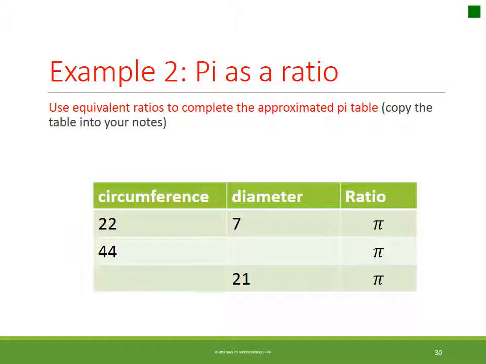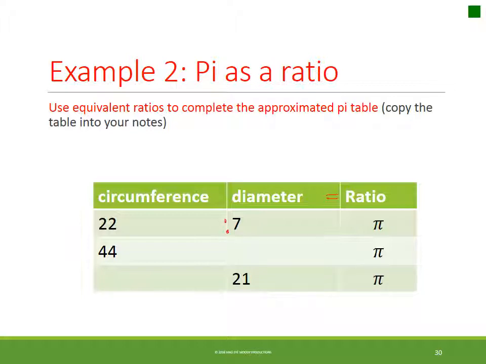Let's use pi as a ratio to complete a table. And these are approximated pi values, so it's an approximated table. So make sure you copy this table into your notes. We have a circumference and we have a diameter, and that equals this ratio of pi. So I know that one of the approximations of pi is 22/7.